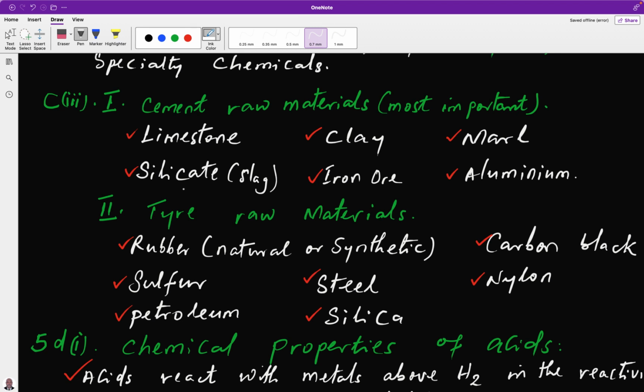These are the raw materials needed for the production of tires.